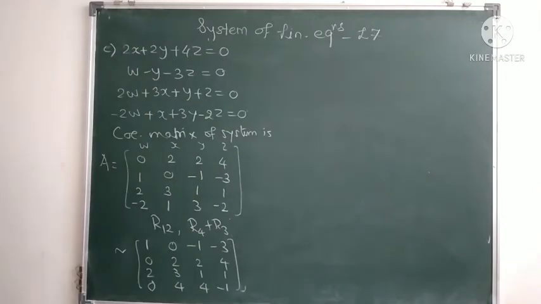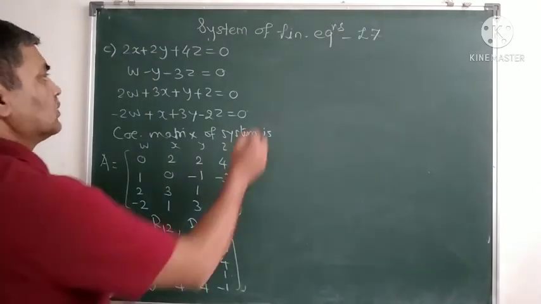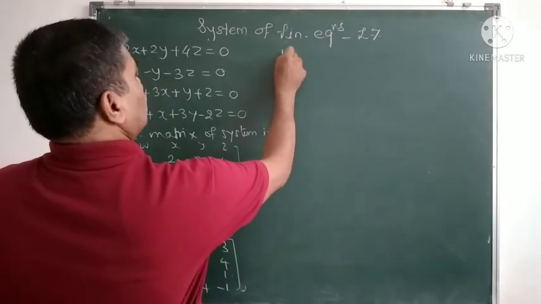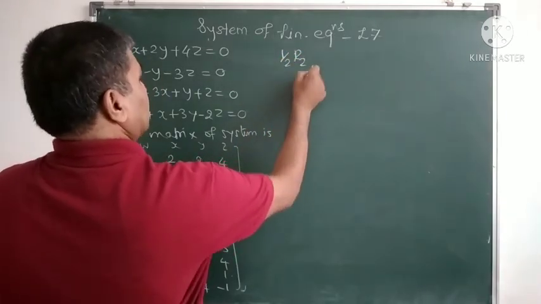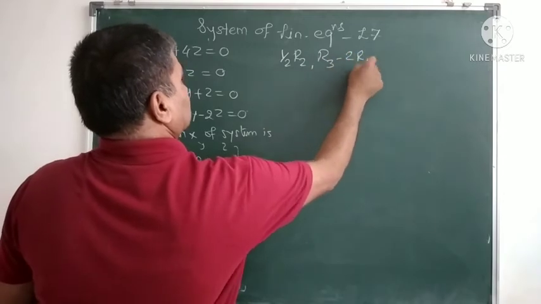Then 1 half R2 and one more operation, R3 minus 2 R1.